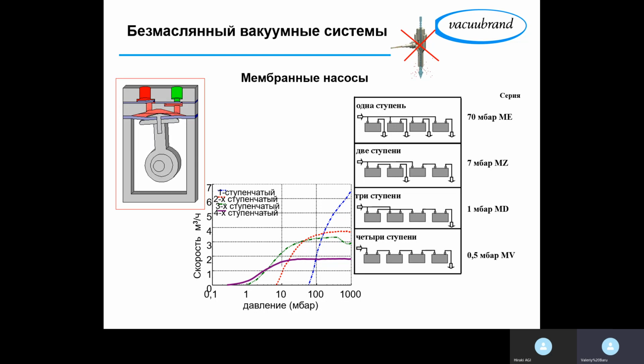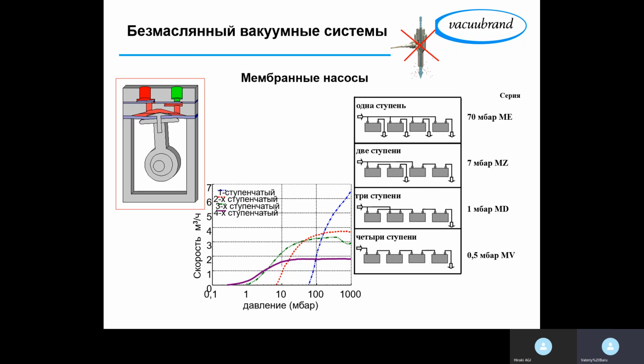So when we're talking about an application which requires, I don't know, maybe 1 millibar, because that's the vacuum when your substance starts to boil, you will definitely need a pump that can go not only down to 1 millibar, but it should also have a relatively high performance at this vacuum.